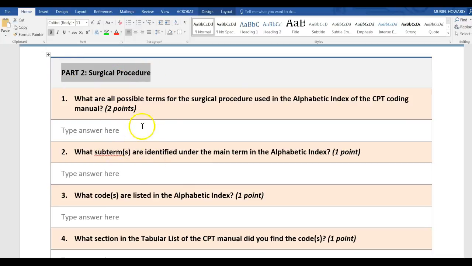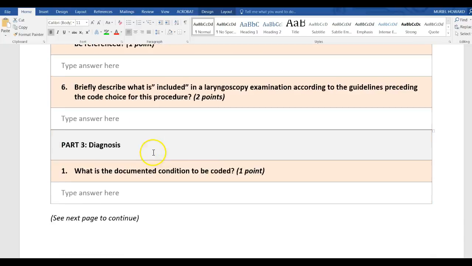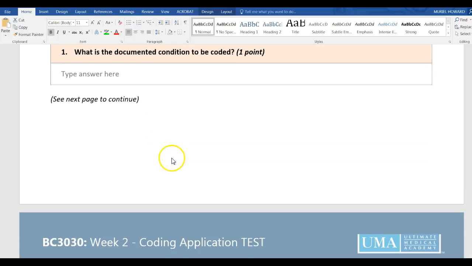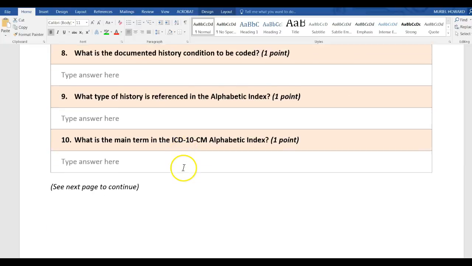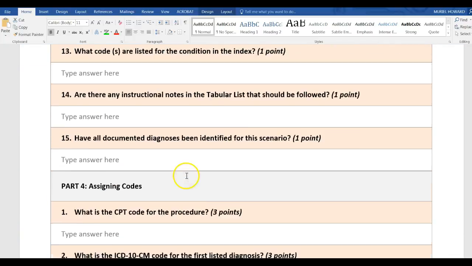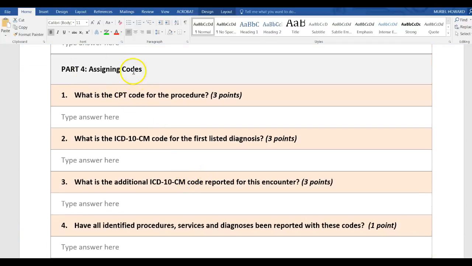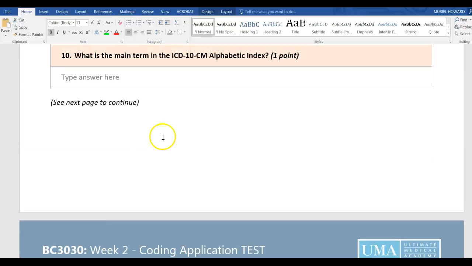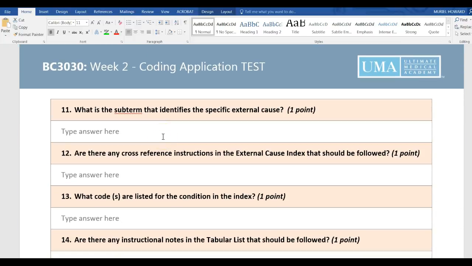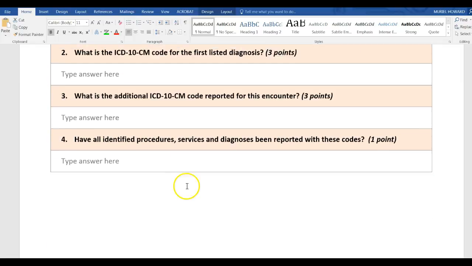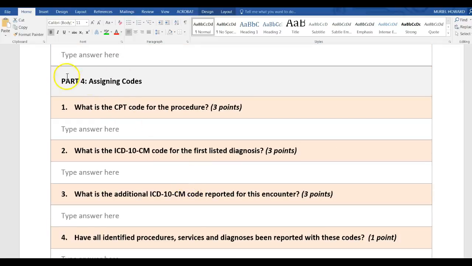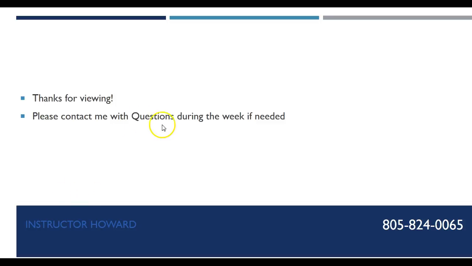Surgical procedure, anything related to the CPT, your diagnosis, your ICD-10, what we just discussed and what we went through, and then assigning codes. As you answer portions 1, 2, and 3, you're going to come up with your answers for portion 4. So that's pretty much how it works, and it's really easy, it's really fun.